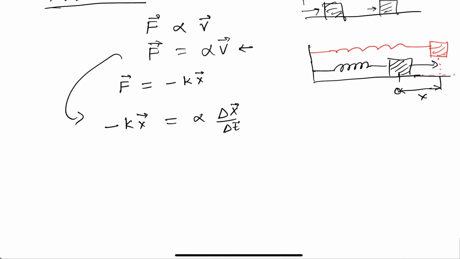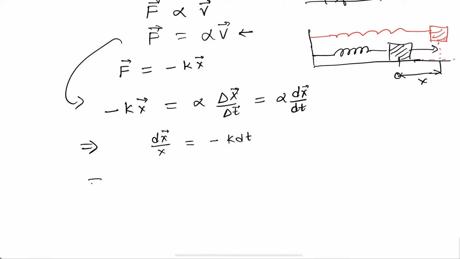And if we take the limit that delta t goes to 0, then this can be written as dx over dt. Now this is a very simple first order differential equation, so we can write it as dx over x equals minus k dt.